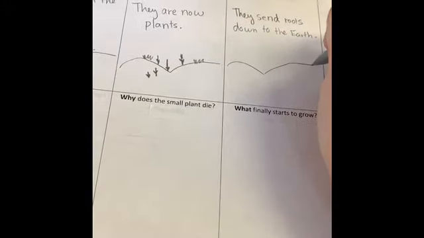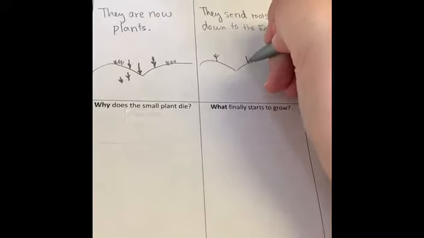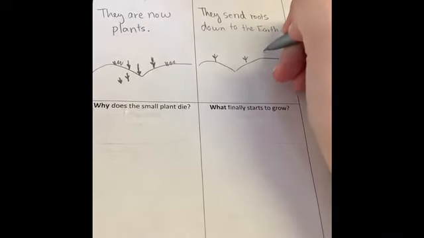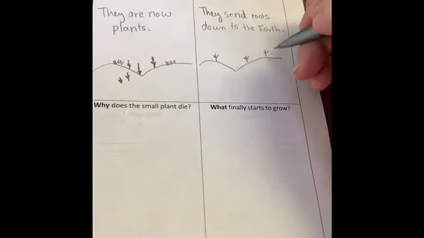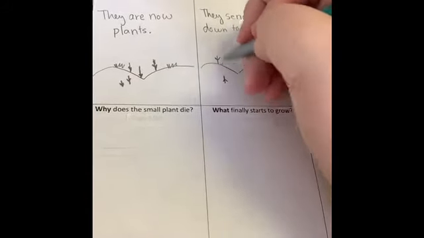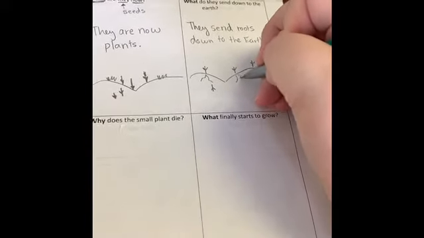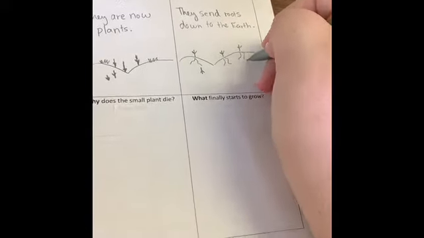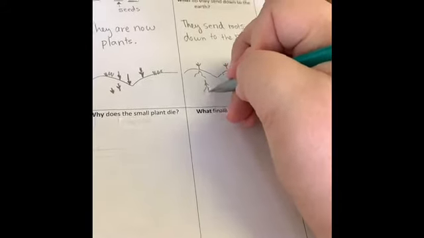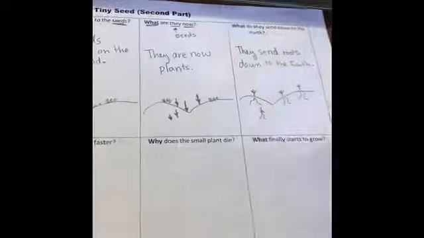Again, we draw our grass and do our little plants. And then we've got our little bitty one growing right here. And then we're going to draw these little kind of veiny looking things because those are the roots. And the roots are very important to our plants because without the roots, they can't get their nutrients and the water to help them continue to grow.